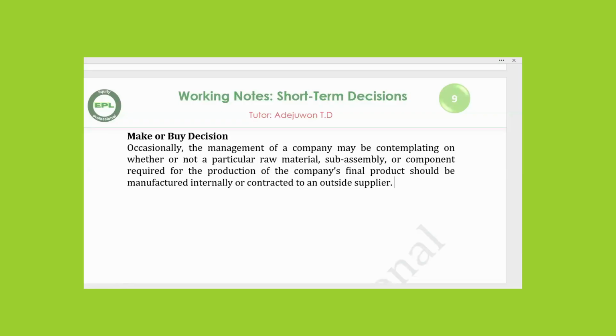Okay, a decision of this nature can be said to be critical and strategic. Why?